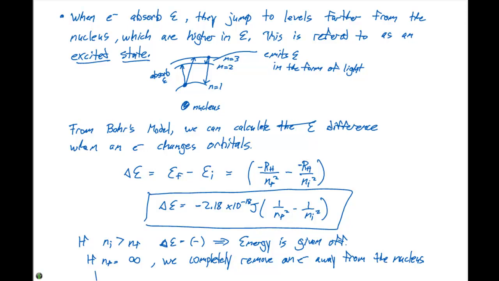This is called ionization. And this is going to be a big property that we are going to discuss in the upcoming chapters. So essentially, if we look at ionization, that's completely removing that electron.